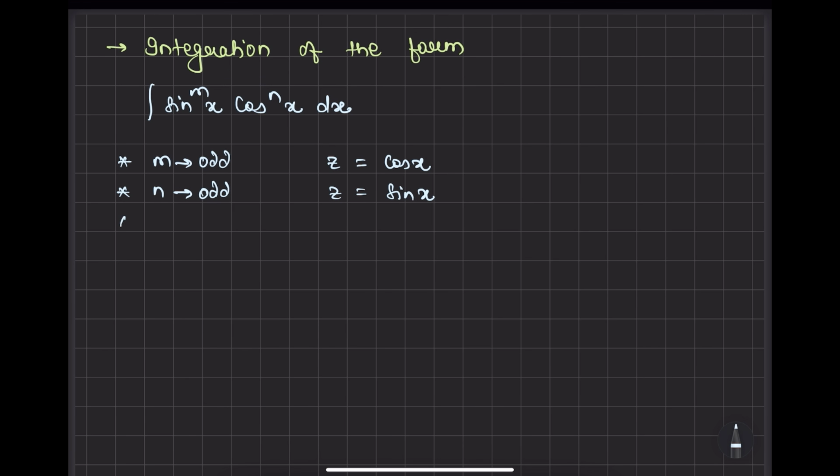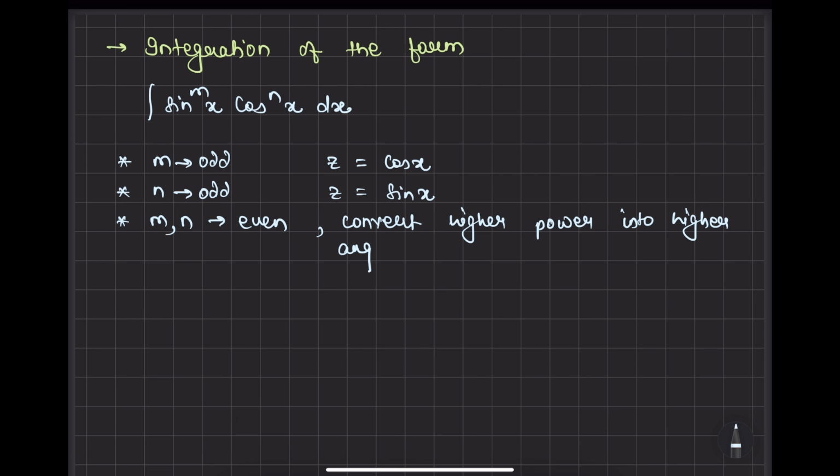Now suppose that m and n both are even numbers. So what you have to do, you have to convert higher power into higher angle.